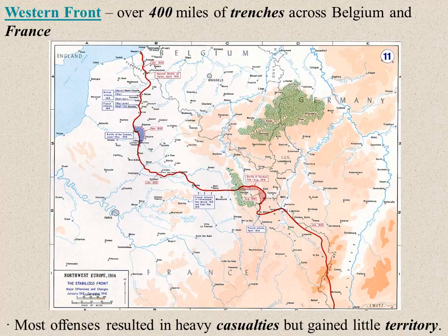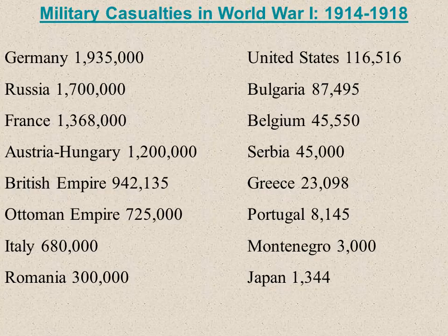Well, you had a loss of human life, but not a lot of land gain. And the Western Front, that movie that I wanted you to watch, is called All Quiet on the Western Front. It just talks about how in these trenches it is quiet because there's not a lot of territory gained back and forth. And yeah. Okay.